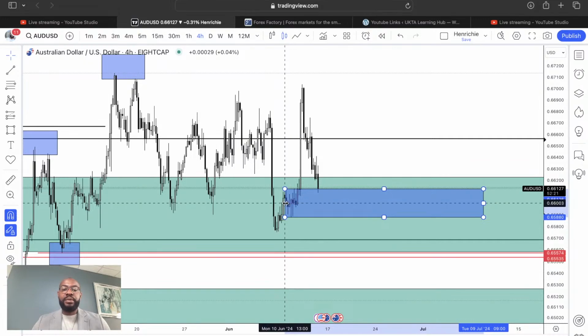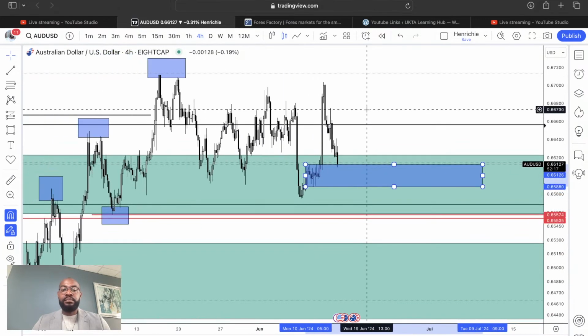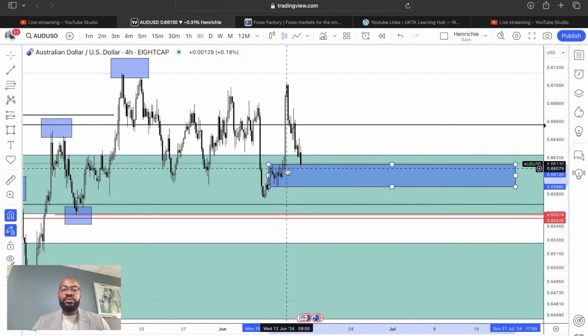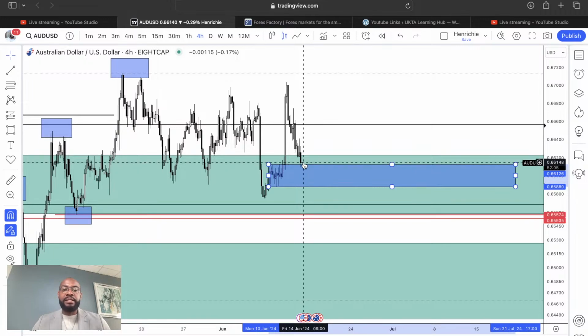Now we're not going to jump into any trade from here blindly, because in as much as this could be an area for price to reverse and continue higher, price can also smash through this key level and come down here.